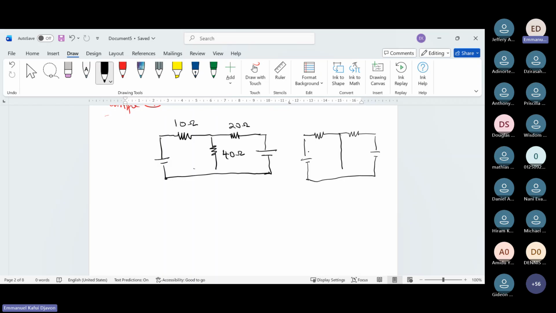Will look as this. So now we have 10 ohms, 20 ohms, and we have the supply, which is the 20 volts and the 10 volts. Now, how do you get the equivalent resistance here?